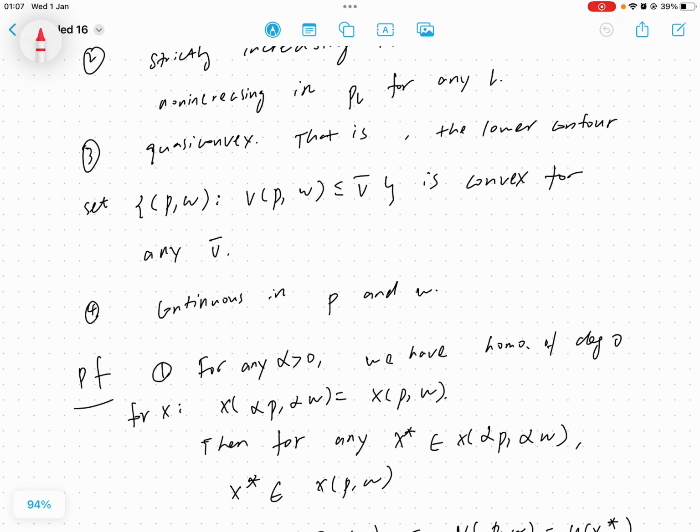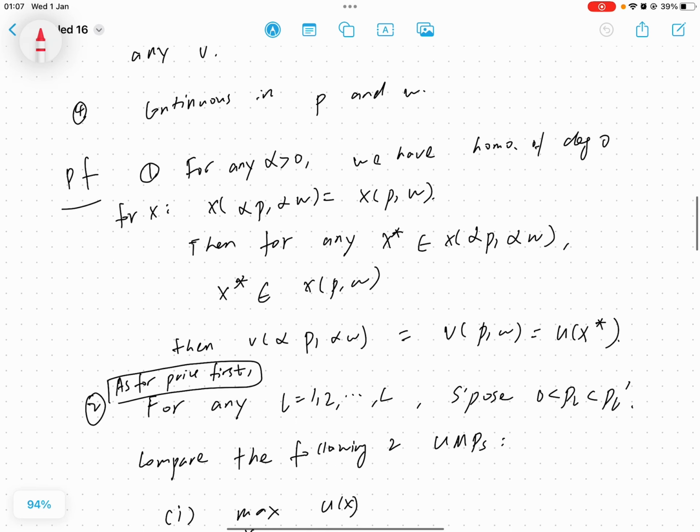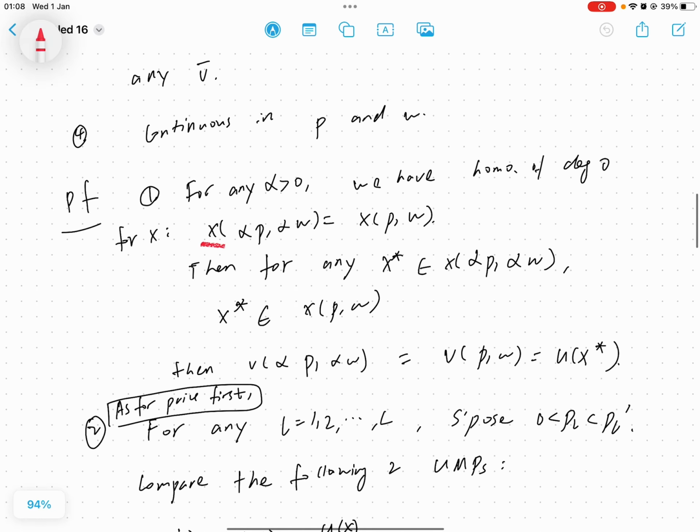Good. So let's try to prove this. First, the homogeneity of degree zero is very straightforward and similar to the proof previously. For any alpha, a positive number, we already showed the homogeneity of degree zero for x as the solution. If we multiply by alpha, this doesn't change the solution x to this problem.